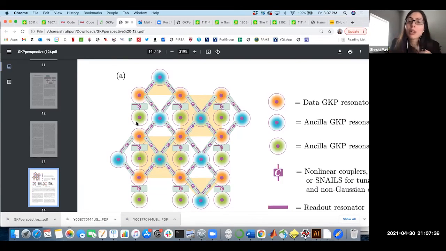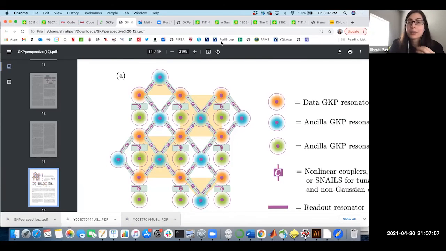To be really hardware efficient, we have to make sure we count every piece of the resource that goes in there, and the total resource cost has to be lower than if you were to just build a surface code with transmons, for example. For sure, that is the case.